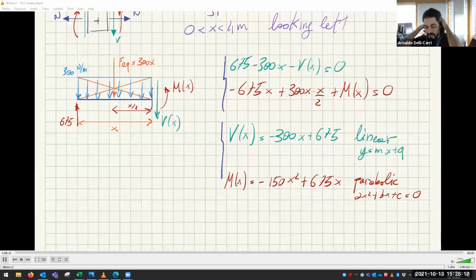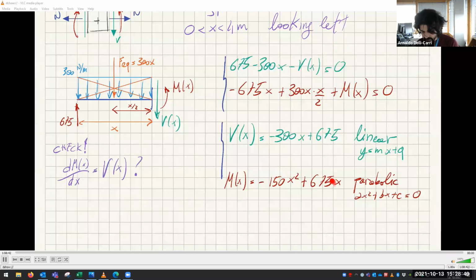All right. Now that you have this parabolic description, we can also check, remember, one check that we can always do: the derivative of the moment in x is the shear force. So let's check. The derivative of this is minus 300x.